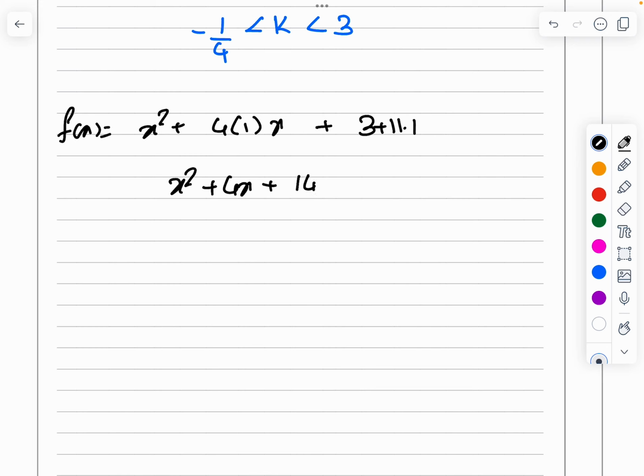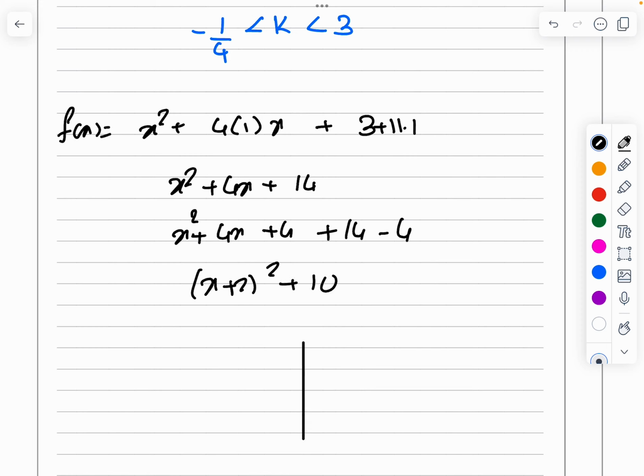So it becomes x square plus 4x, add 4, subtract 4. So it becomes x plus 2 whole square plus 10. So the vertex is negative 2, 10. Negative 2 and 10. This is going to be the answer.